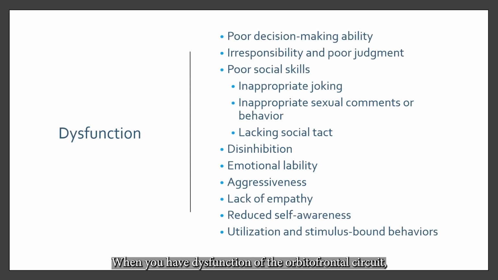When you have dysfunction of the orbital frontal circuit, you can see quite a range of behaviors, and these are often very bothersome to other people who are interacting with the patient. So you can see poor decision-making ability, irresponsibility, and poor judgment, which could have some consequences financially, interpersonally, in somebody's job, pretty much anywhere.